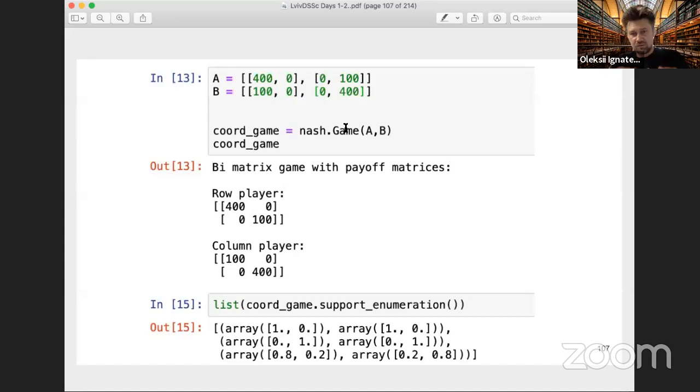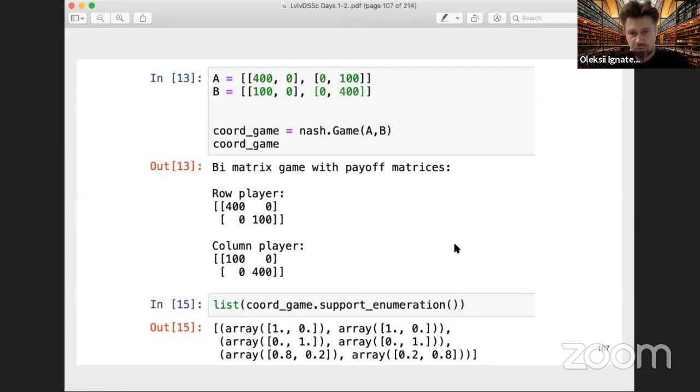I put this game in and calculate it, and you see the three Nash equilibria that the algorithm actually found. 1 0 1 0: both players play A. 0 1 0 1: both players play B. And 0.8 0.2: the first player with 80% probability plays A, and with 20% probability plays B, and the second player does the opposite.